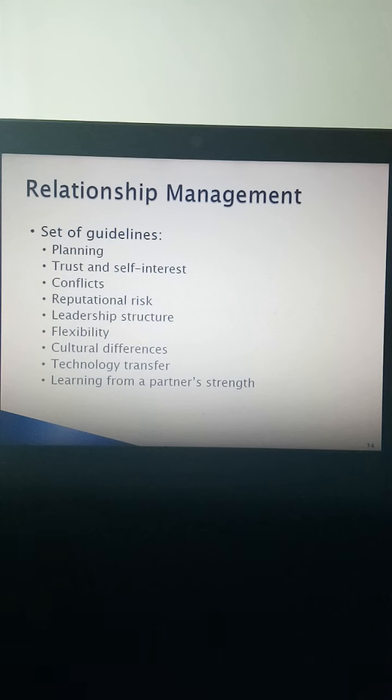Therefore, this textbook sets 9 guidelines in managing distribution channel relationships. Okay, the first one is planning. It is critical to have comprehensive planning that combines skills and resources to achieve strategic objectives.